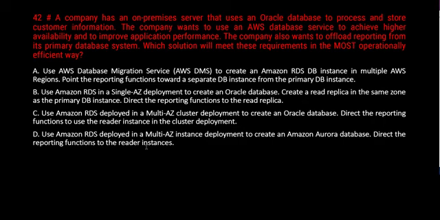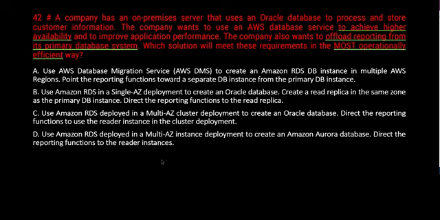Which AWS solution? Okay. They want to achieve higher availability. That is very important. They want to offload reporting from the primary database, which means they want to have read replicas, and they want to do this in an operationally efficient way.